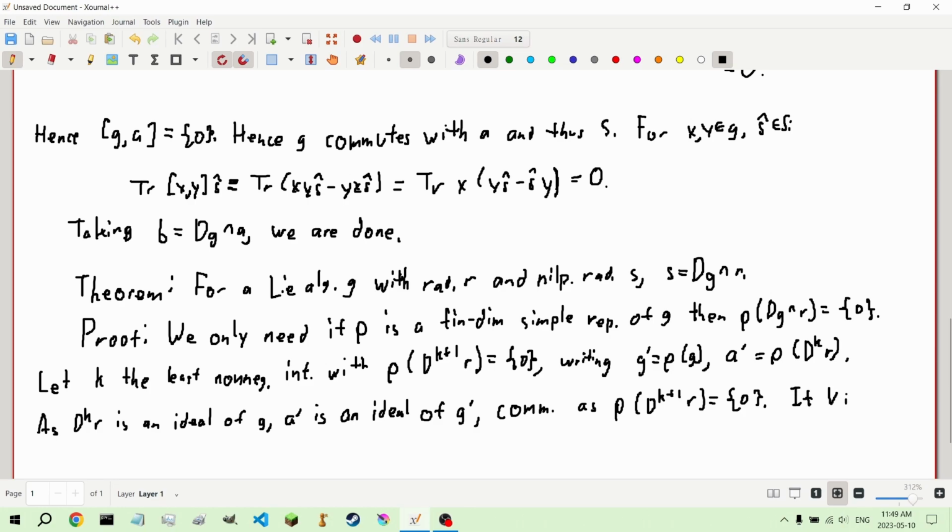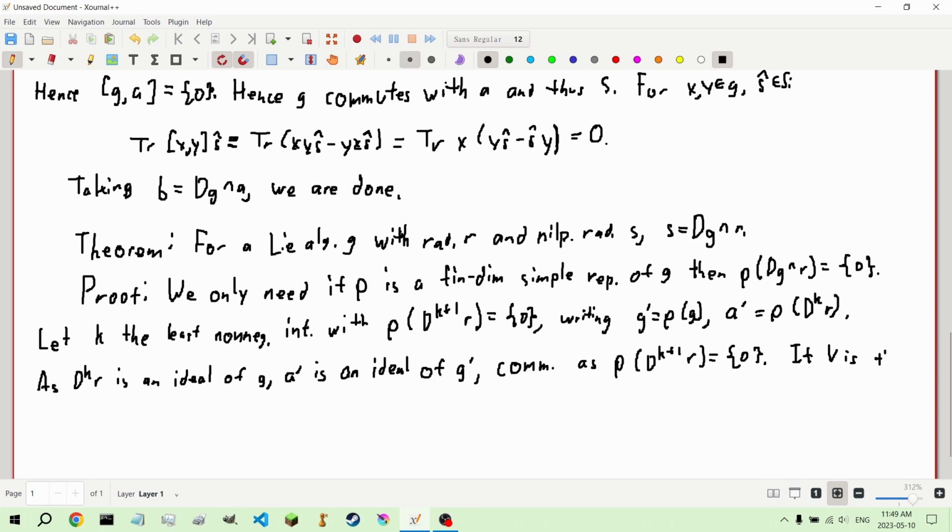If V is the space of rho, G prime is contained within the general linear Lie algebra of V, and V is a simple G prime module because rho is simple.